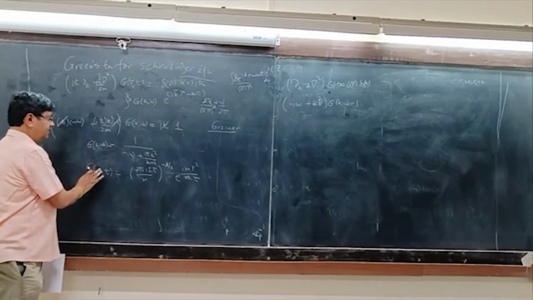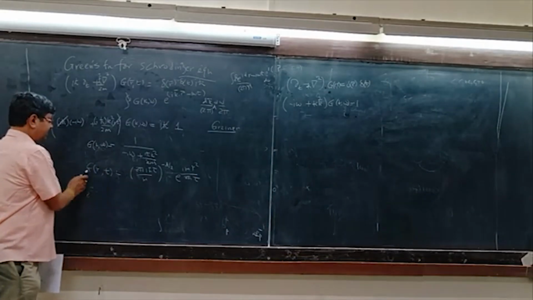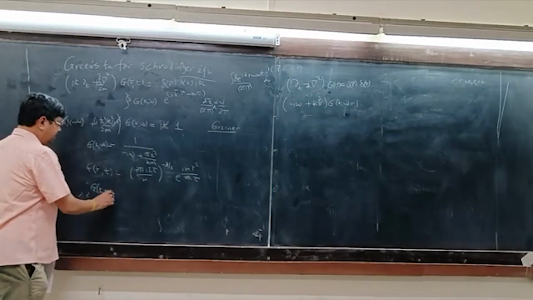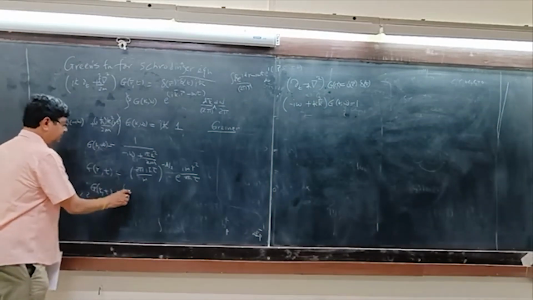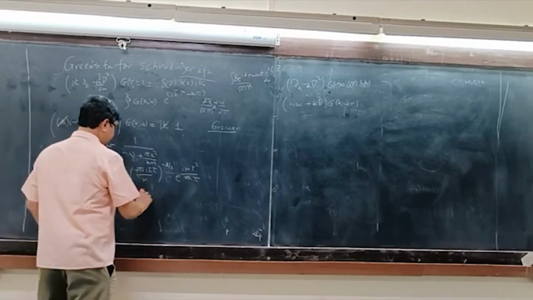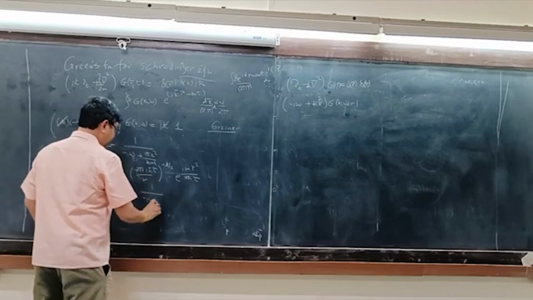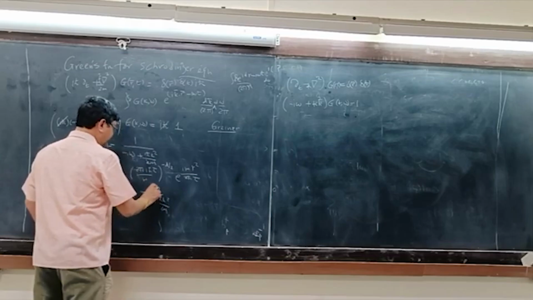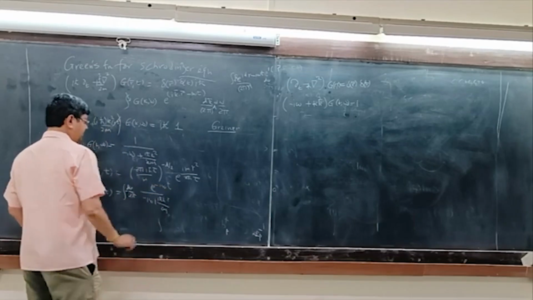Okay, no, this is R, t. So first you do the time integral. So that will be d omega by 2 pi, with minus omega minus iħk squared by 2m, and e to the power minus i omega t.